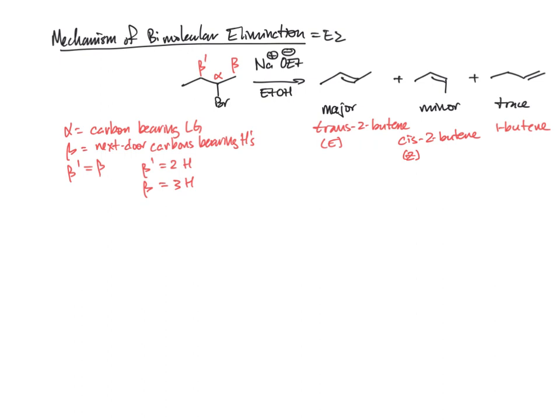So let's elevate the language here. When you're considering the two sp2 hybridized carbons of the alkene, this major one has 1, 2 substituents. So does this one, 1, 2, and this only has 1.